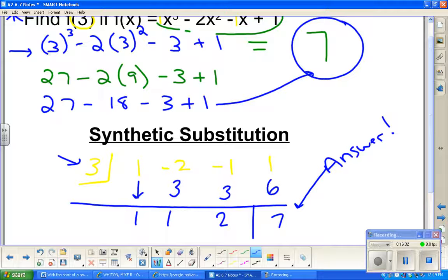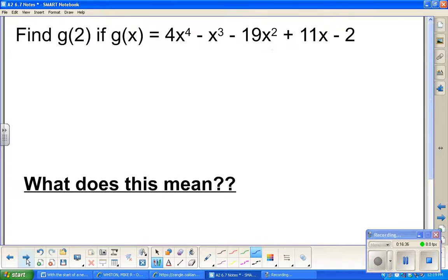Let me give you guys one to try. This will be the last thing, so try that one. Okay, let's get this set up again. In this case, you do not switch the 2. When you're finding values of a function using synthetic substitution, you just plug in exactly what it is.